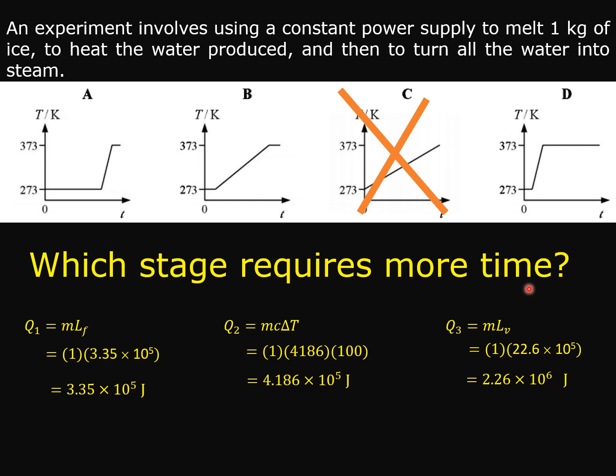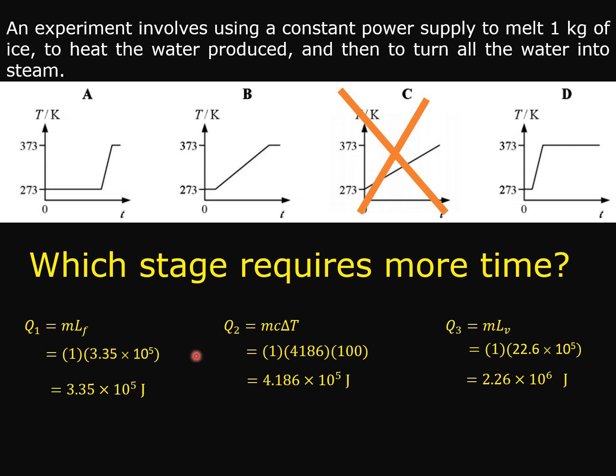Okay, so if we compare these 3 quantities, we know that for stage number 3, the system will take the largest time to complete. And for stage number 1, the time required is the shortest, the shortest for 1 kg of ice to transform from 0 degrees C ice into 0 degrees C water.